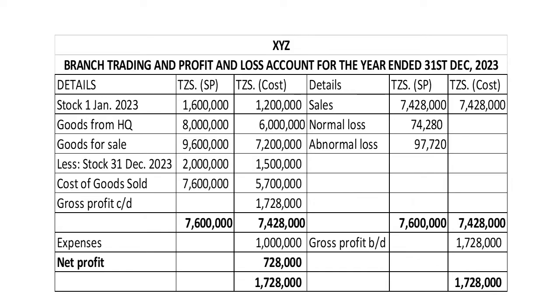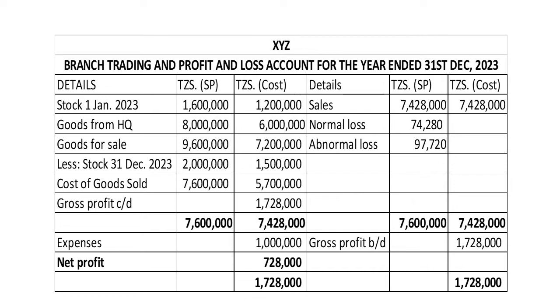Again, there is an abnormal loss of 97,720 that needs investigation. Why? Because normally we would expect only a 1% normal loss, which is equivalent to 74,280, but we have more than that. So what would be the reason?